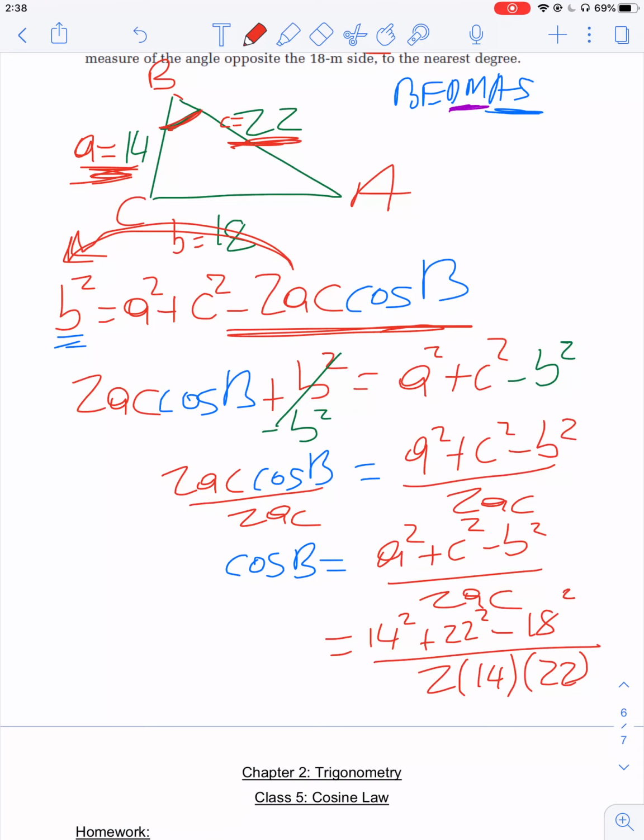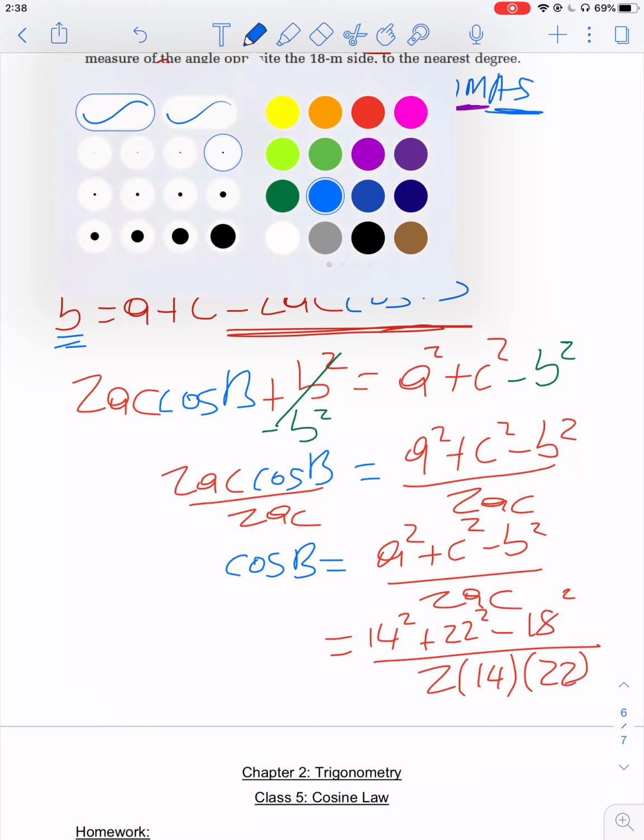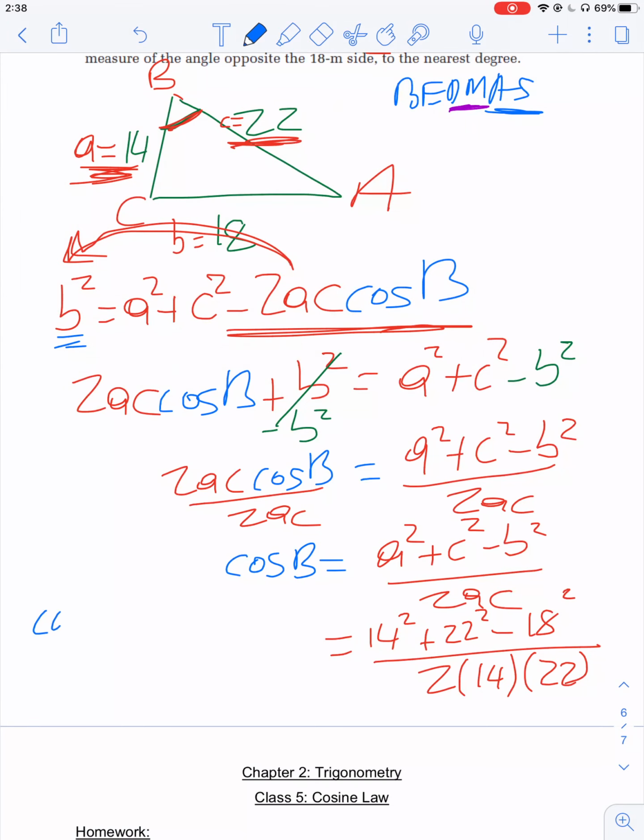And now, once you solve for that, so let me be consistent with my colors. That means cos of B will equal whatever this simplifies to, right? So 14 squared plus 22 squared minus 18 squared divided by 2 times 14 times 22, okay? And then you're gonna get an ugly number, right?